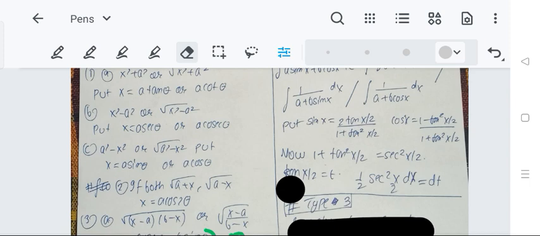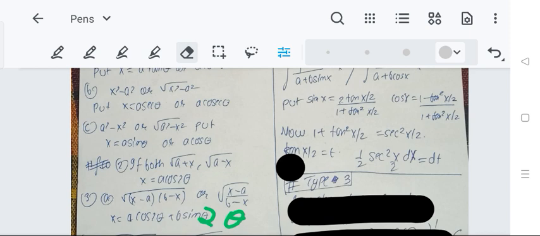That is the formula for the double angle of sine, and cos x is equal to 1 minus tan square x by 2 divided by 1 plus tan square x by 2. That is the cos 2x formula, where we have just replaced x by 2x and 2x by x. After this, put 1 plus tan square x by 2 as secant square x by 2. Then take tan x by 2 as t, and then differentiate and integrate.